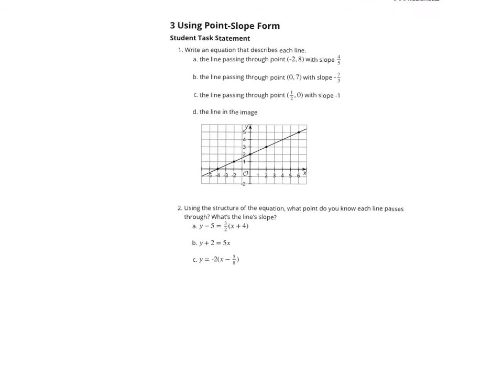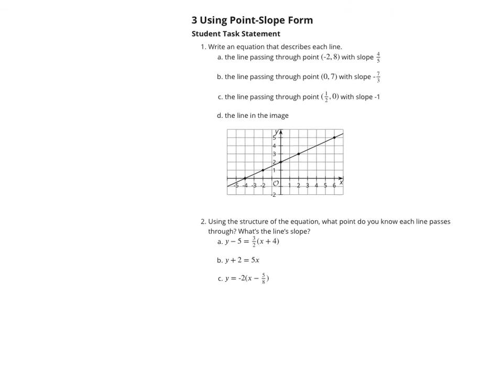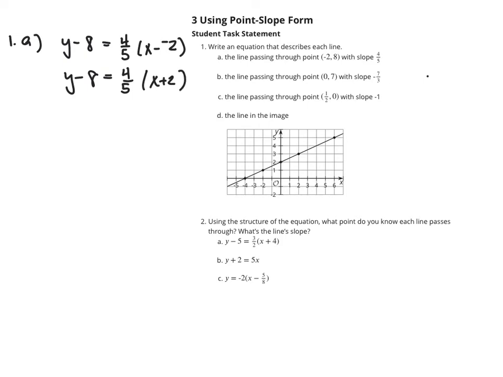So using point slope form, write an equation that describes each line, with the line passing through the given point with the given slope. So 1a, gosh, you guys could do this on your own. I know that it's going to be y minus 8 equals 4/5 x minus a negative 2. Simplify that, because minus a negative, you guys are too mature for that now, x plus 2. I have y minus 7, because that's the y value.